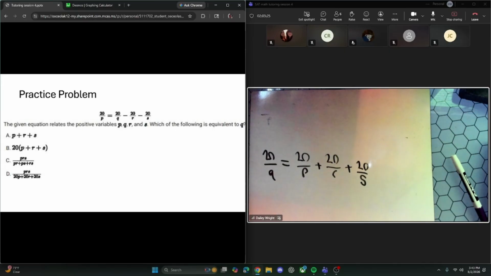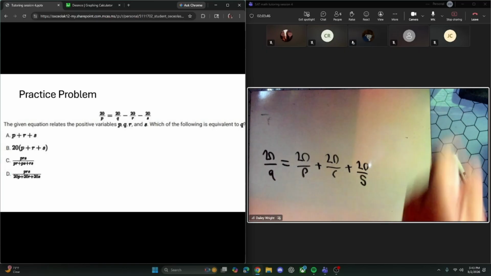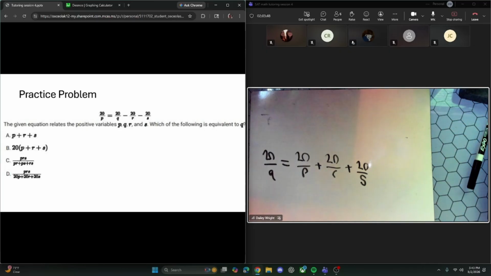So the first thing I'm going to want to do is I know that I can get q on the top if I make the other side equal to one big fraction and I cross multiply. So the next thing you're going to want to do is give all of these equal denominators so you can make it into one big fraction.